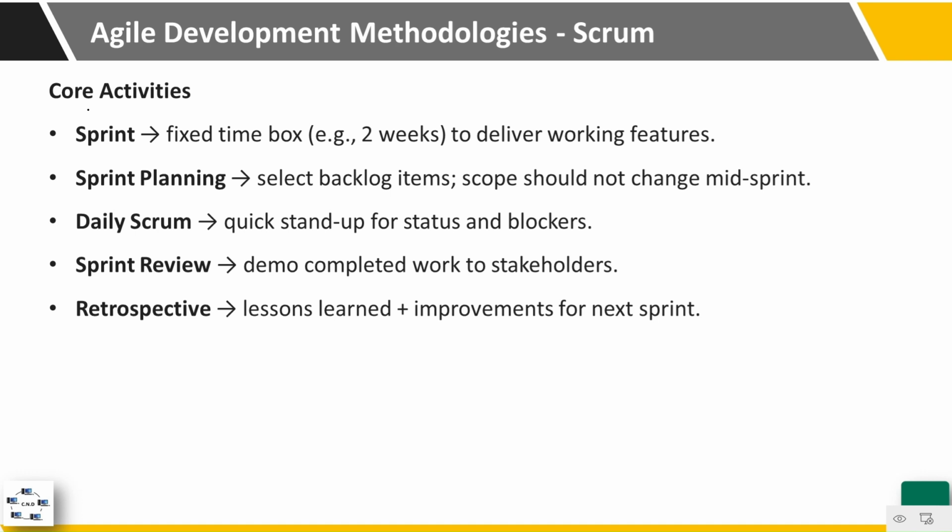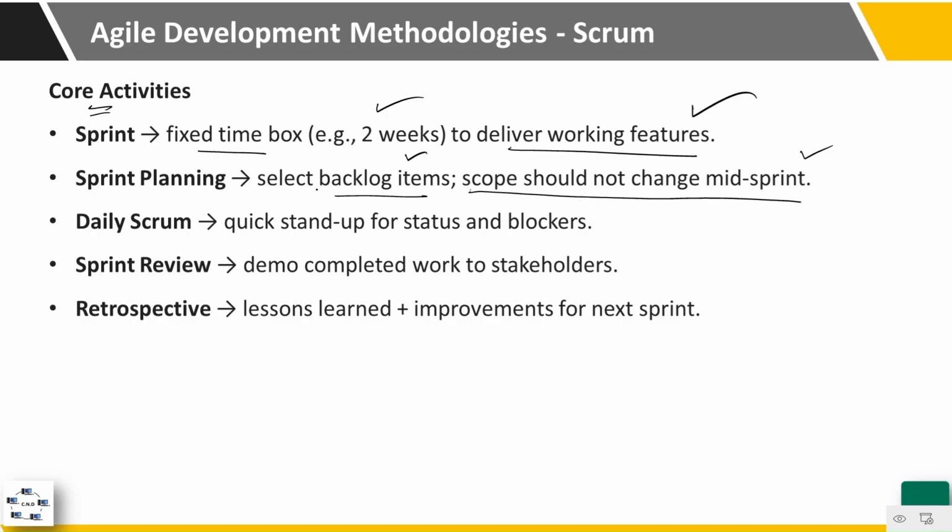What are the core activities in Scrum? These include the sprint, which is the fixed time box, for example, 2 weeks, to deliver the working features. We have sprint planning, which is used to select the backlog items during this sprint. Scope should not change mid-sprint.